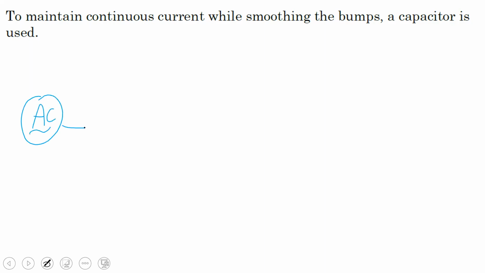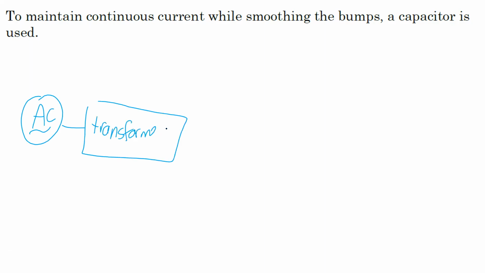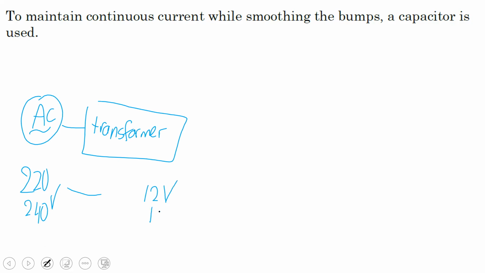This alternating current is now getting into the transformer. In our home, as we say, we have 220 or 240 volts. This 240 volts is getting into the transformer. The transformer now changes it to 12 volts, but it's 12 volts AC.